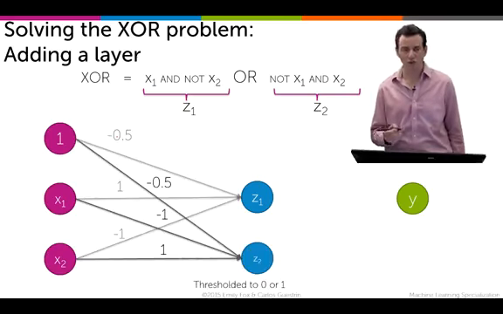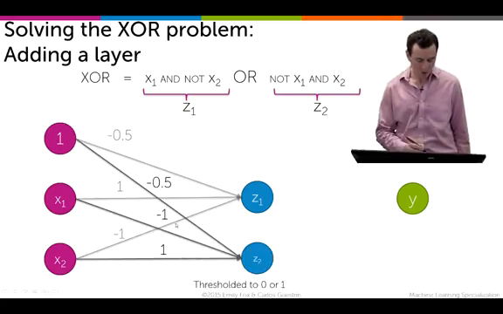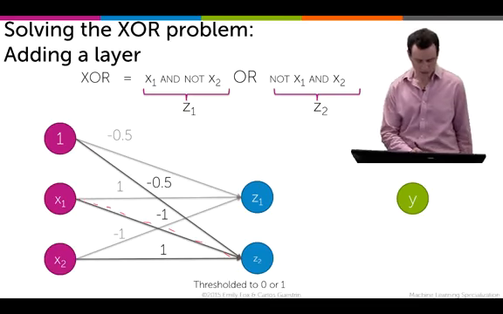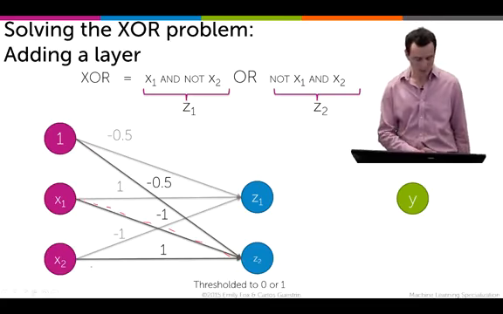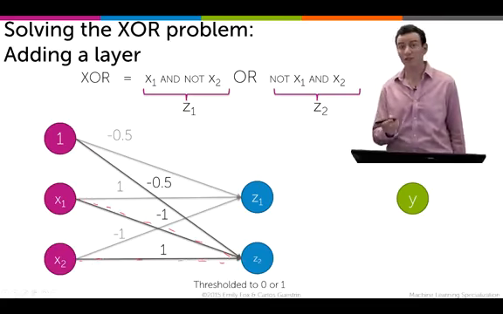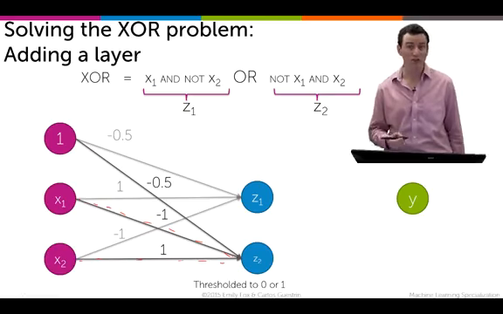Similarly, for z2, we put a minus sign on the edge x1 to z2. We put a plus 1 on the edge x2 to z2, and a minus 0.5 on the constant edge. And now we represent z2.